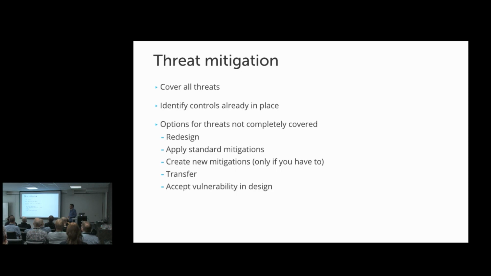Maybe we're implementing a web shop and we find that one of the biggest threats in our web shop is credit card data. Okay, maybe instead of processing credit cards ourselves, we can transfer that risk to someone else. We could say, well, we'll use Nets or someone else, and they'll handle the payment, and we'll just be the web shop, not the payment processor. So you can transfer risk to someone else.